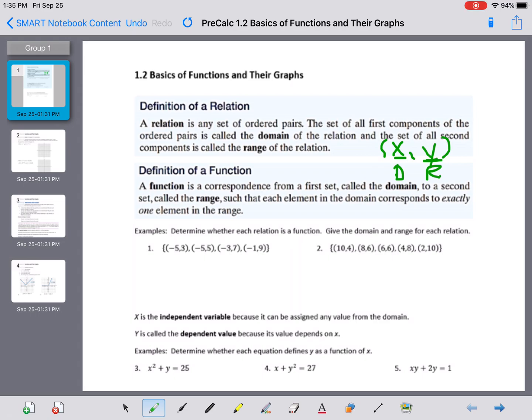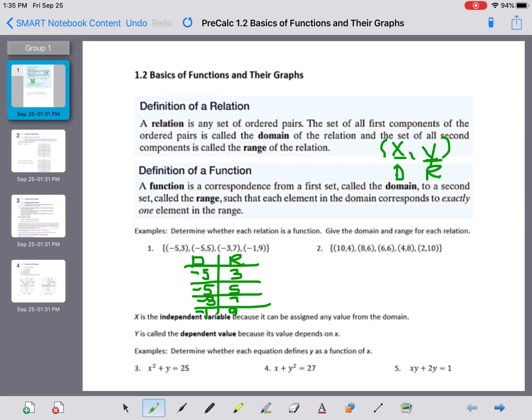Okay, so if you're given just ordered pairs, it's best to make a list of what are my domains, what are my ranges. So my domain is going to be my x values, my range is my y values. So my first ordered pair is negative 5, 3. I get negative 5, 5, negative 3, 7, negative 1, 9.